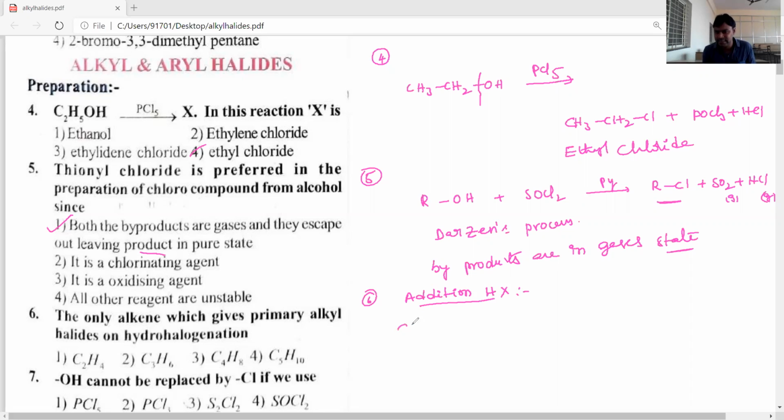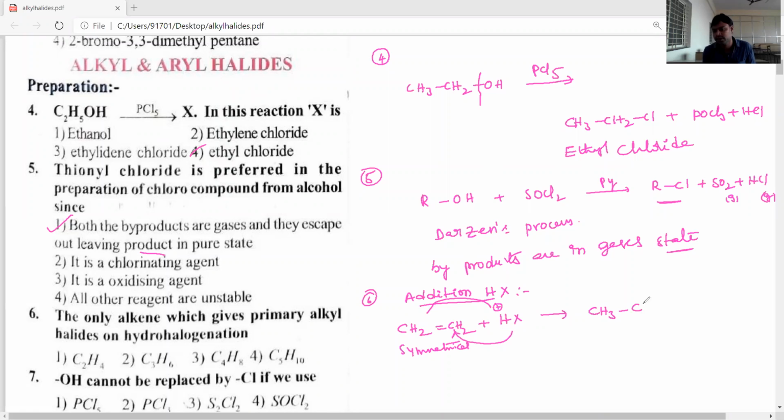Let's see ethene, CH2=CH2. The addition of hydrogen halide HX. It is a symmetrical, simple alkene, that's why it produces only one product. The H plus ion is added at one carbon and the X minus is added at the other carbon.